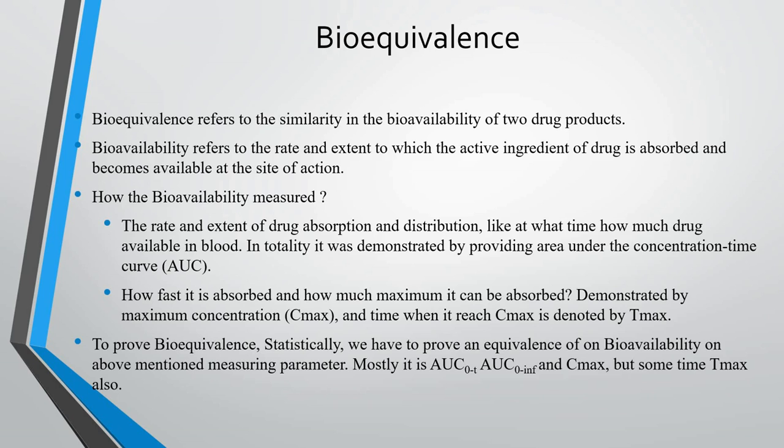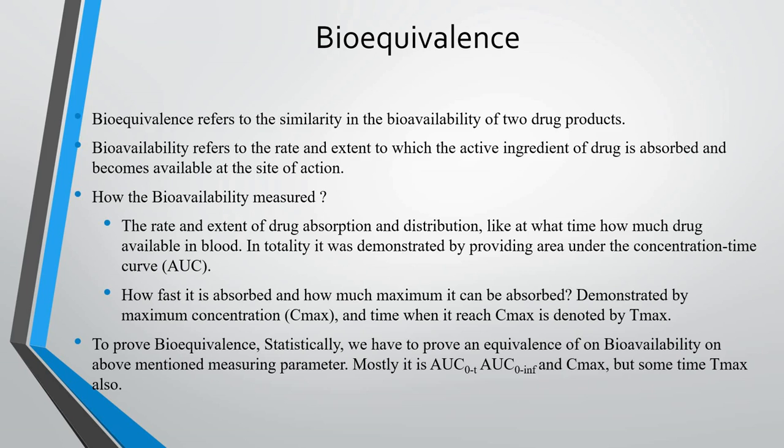It's practically impossible to measure up to time infinity, so we measure the elimination phase and work out the slope, and statistically extend it up to time infinity, where the slope touches the time axis at zero concentration. That area is denoted by AUC infinity. Then Cmax, and sometimes also Tmax. So mostly it's AUC and Cmax, but a couple of times Tmax.